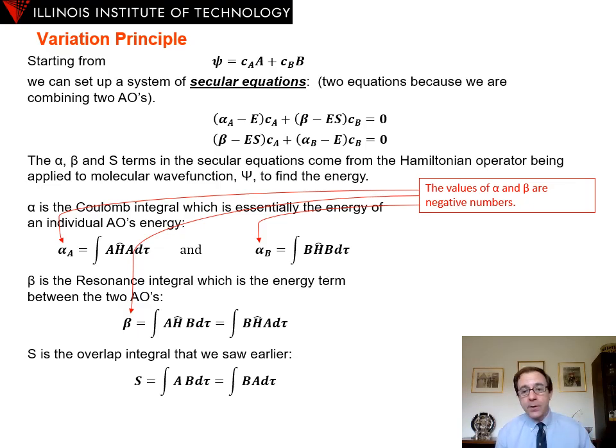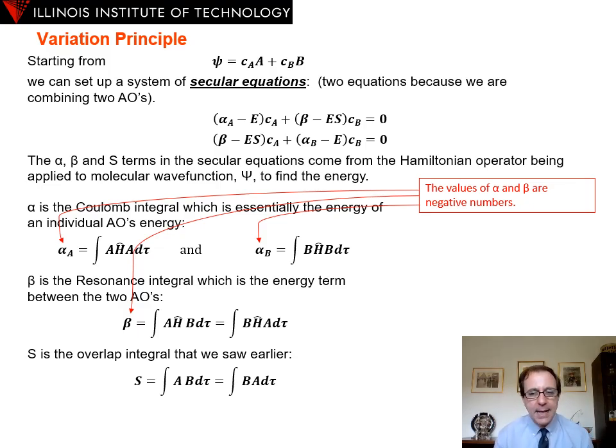Okay, so now I wanted to put in that next part where the values of alpha and beta are negative numbers. We saw that those are the energies below the ionization limit. So they end up giving us negative numbers for each of those terms.